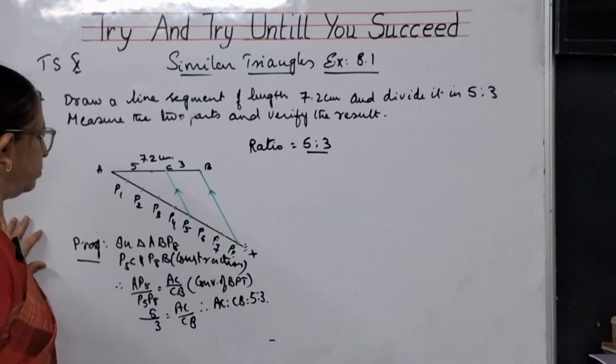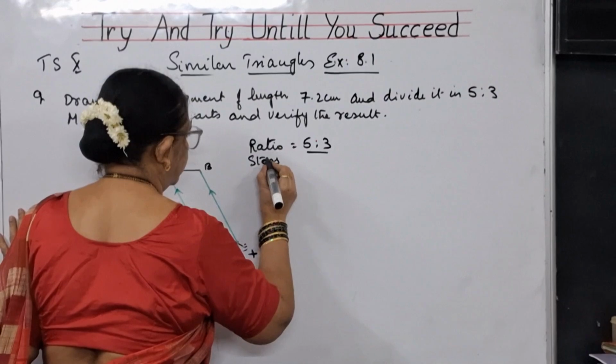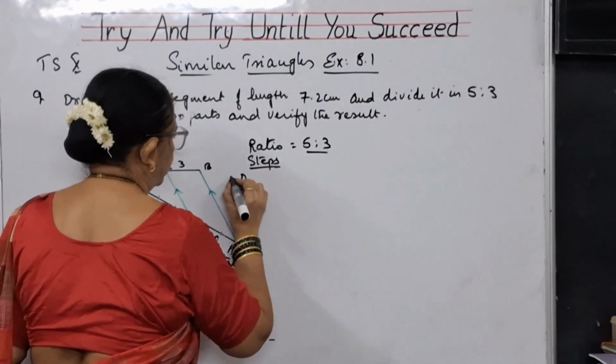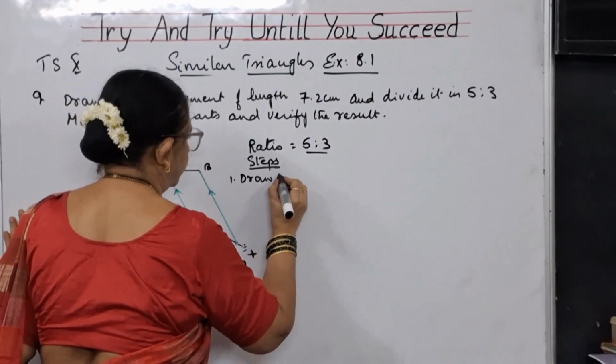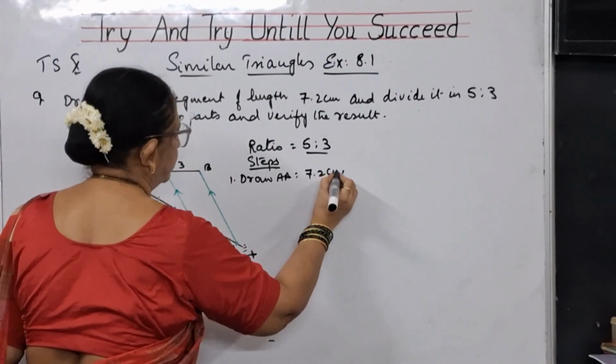Now, if you need to write the steps, what are the steps that you will write? First point, draw AB equal to 7.2 centimeters.